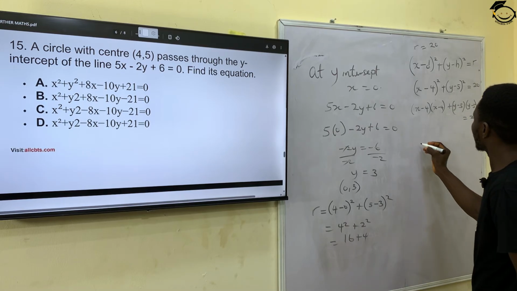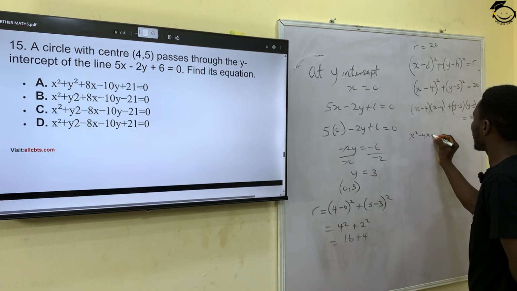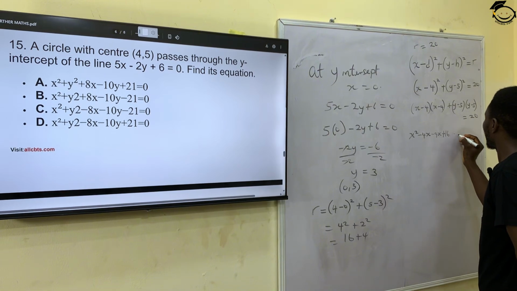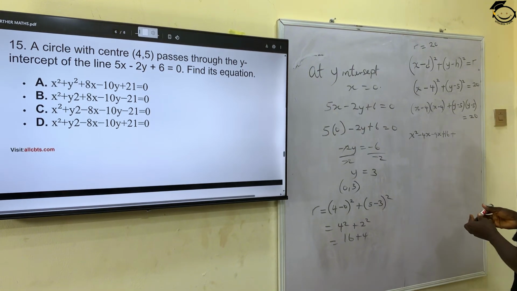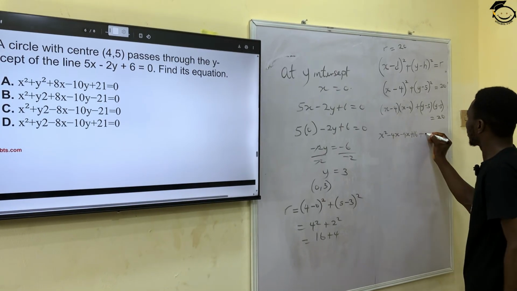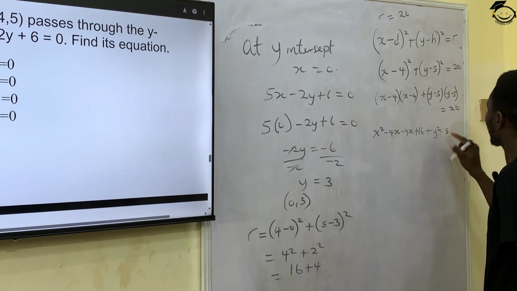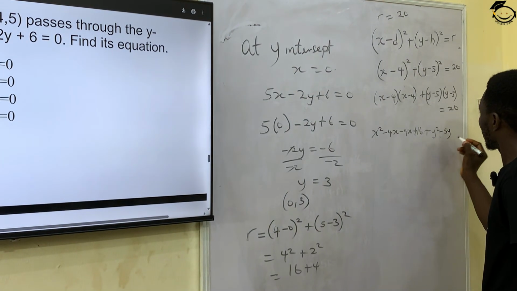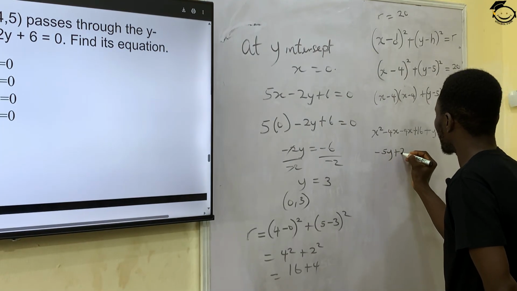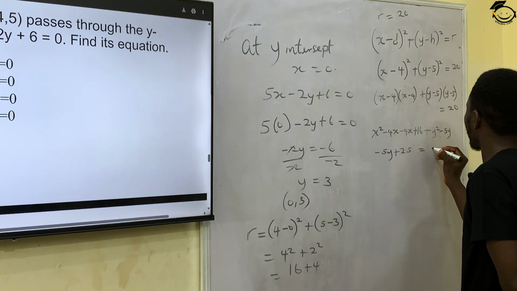So that will give me x squared minus 4x minus 4x plus 16, plus, I'm also going to expand this, and that will give me y squared minus 5y minus 5y plus 25 is equal to 20.